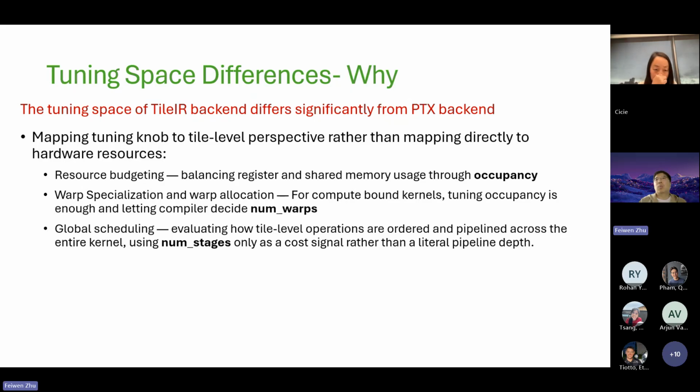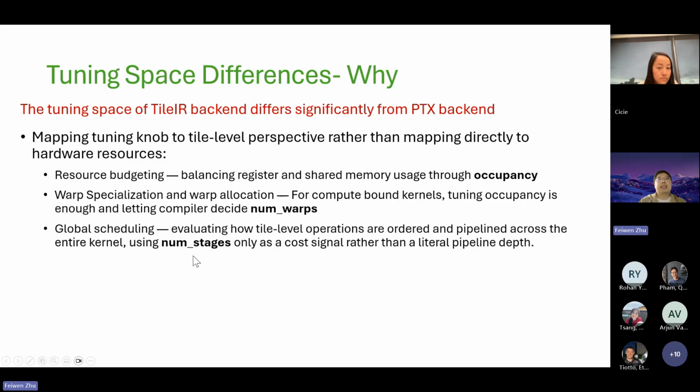Because we just realized that for normalization kernels, like layer norm and RMS norm, tuning the number of warps is still important, and the compiler has to choose the best number of warps.